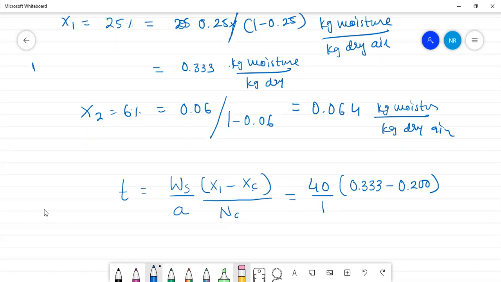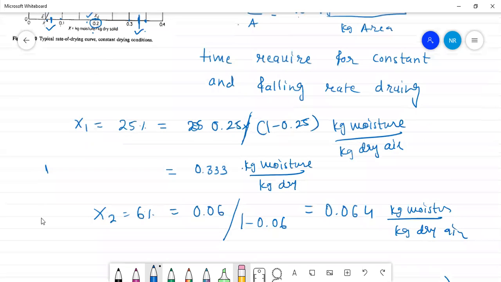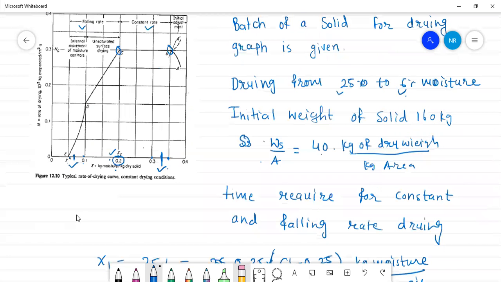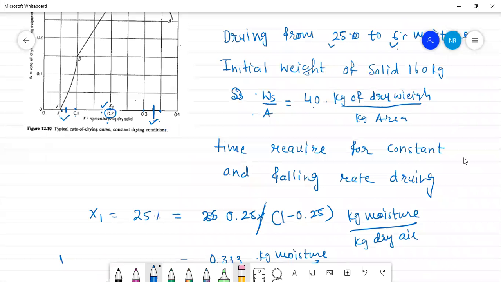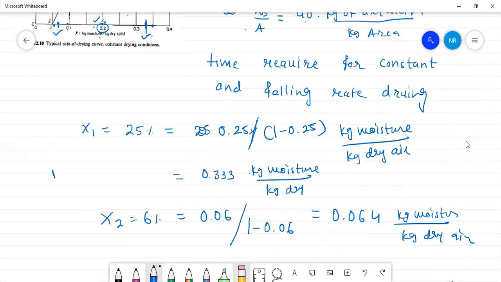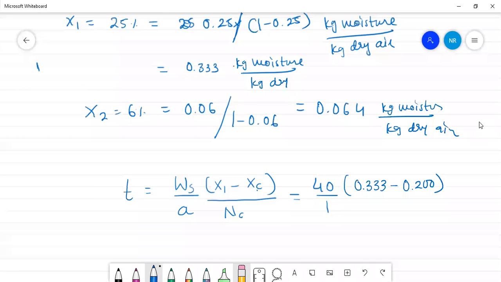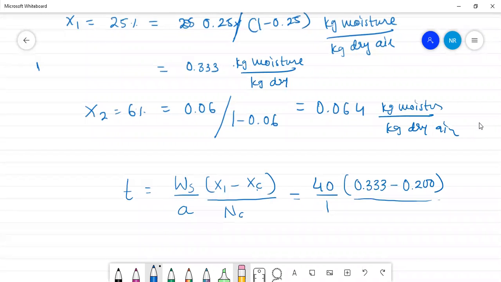So as I see on the screen, here we have 0.33, starting the constant rate period, up to 0.2. From that, what is the value of Nc? We have to find out the value of Nc from the graph.